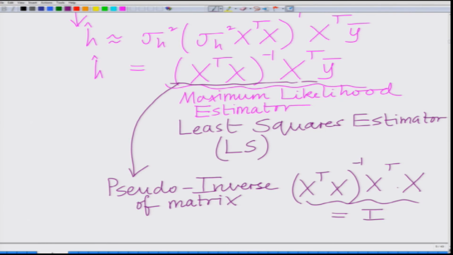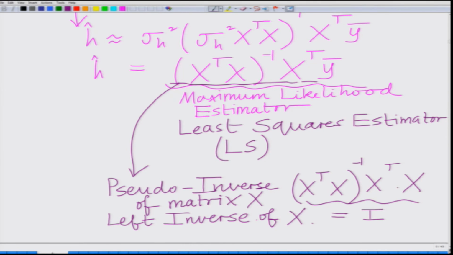So, this is the pseudo inverse, also known as the left inverse of matrix X.